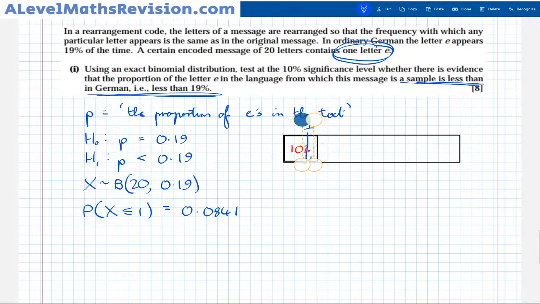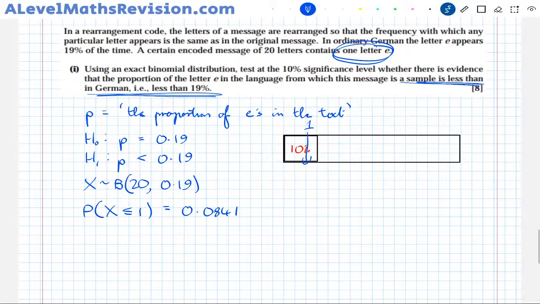So yes, we can reject. It's in the rejection region. 0.0841 is less than 10%. So we are going to reject H0.